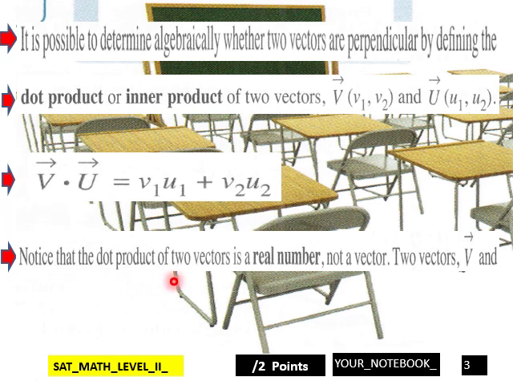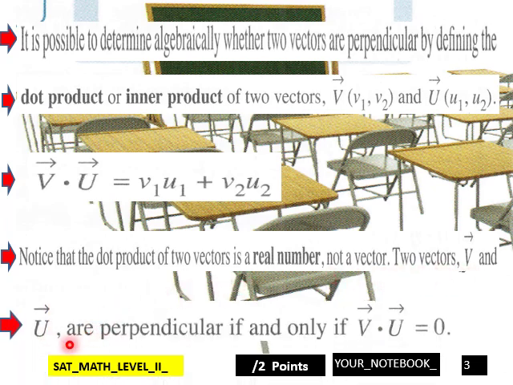Notice that the dot product of two vectors is a real number, not a vector. Two vectors, say vector v and vector u, are perpendicular if and only if vector v times vector u equals 0. You should have all this within your pre-calculus background. If you don't, contact me and I can provide you lessons to help you get your vector education going here.